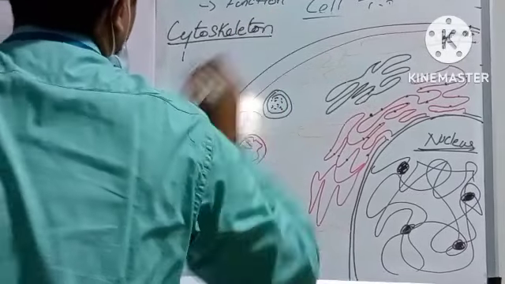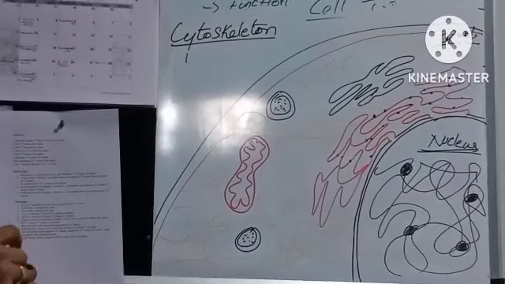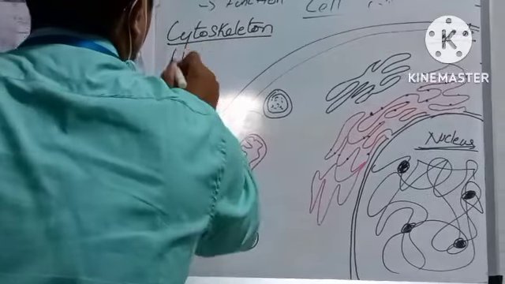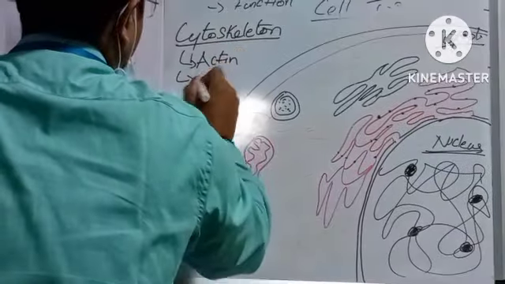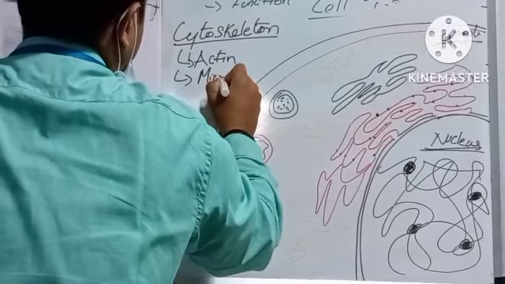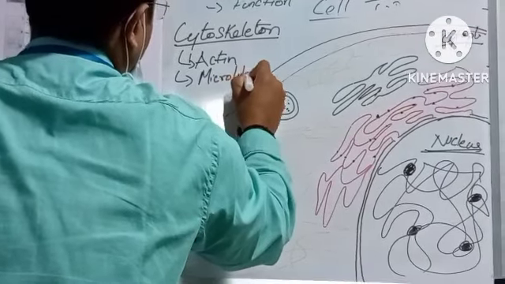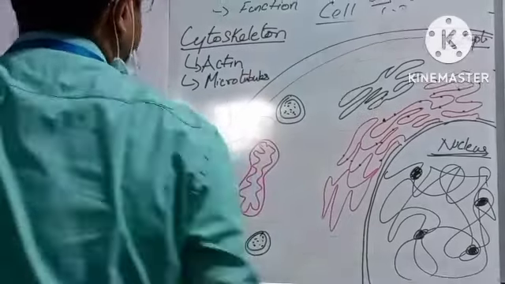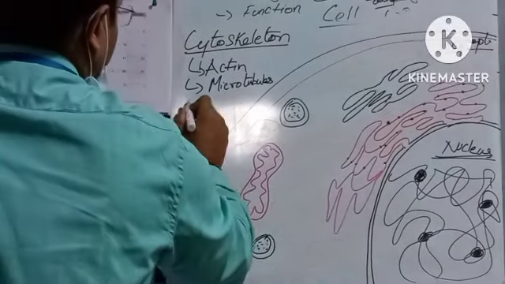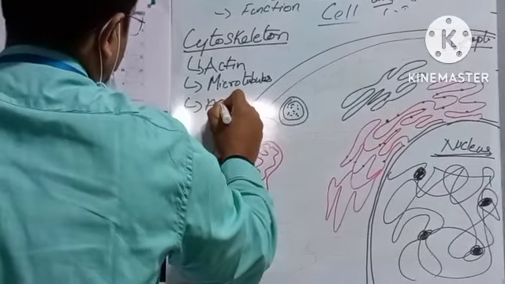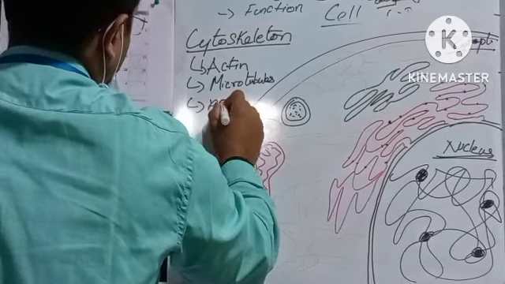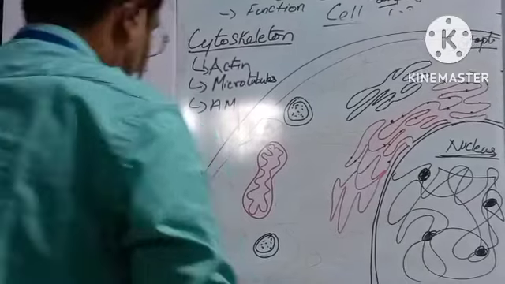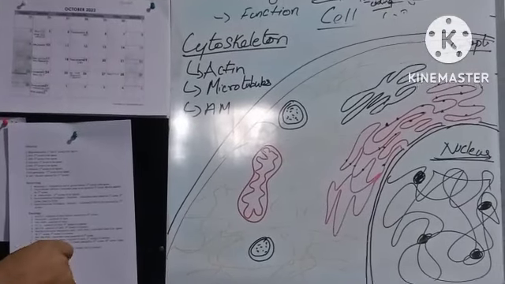Cytoskeleton. Fine. So in the cytoskeleton what will come is all your actin fibers, okay, your microtubules, okay, then your adhesion molecules, CAMs, cellular adhesion molecules, okay, all your adhesion molecules.